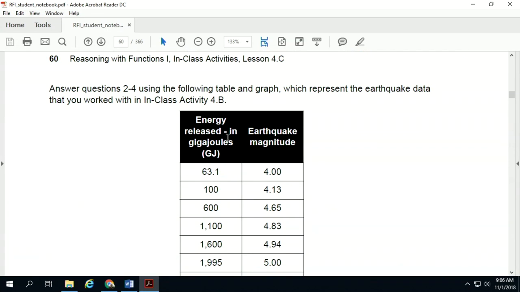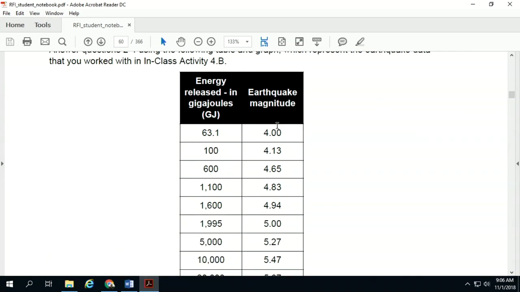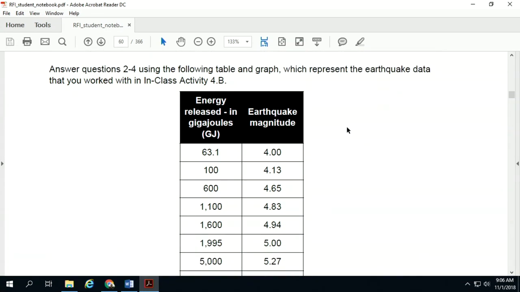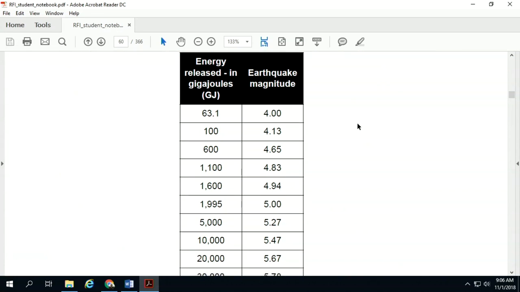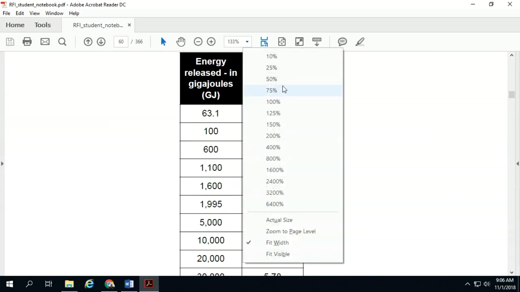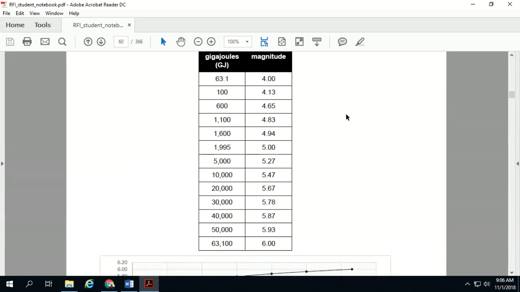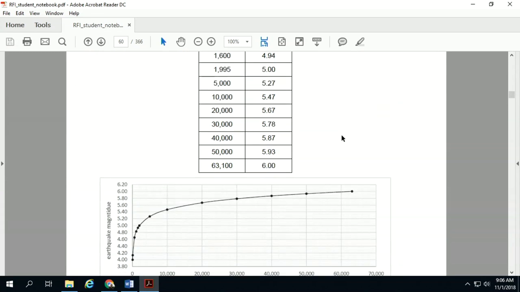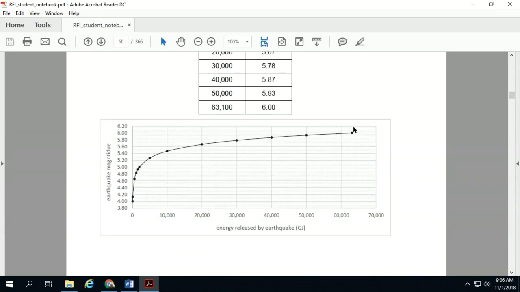The following table works with the questions in this section. If you notice, this is a table very similar to the one that we've been dealing with before. Notice it goes from 4 to 5 to 6, and they graphed it down below there.